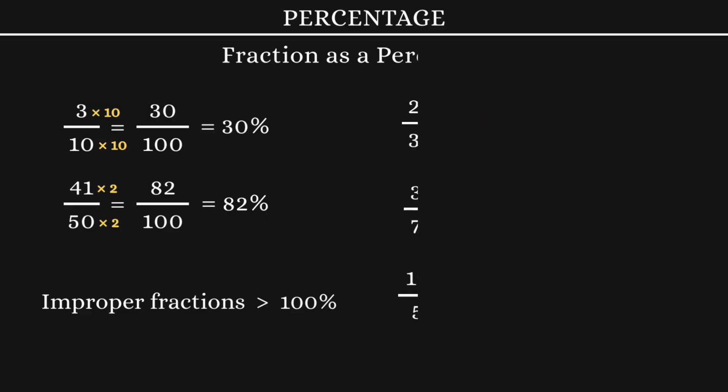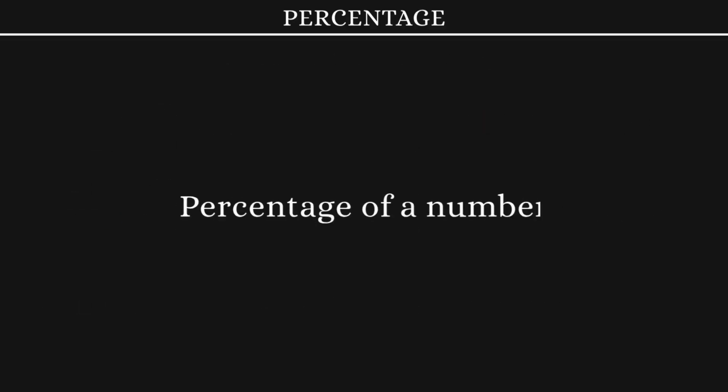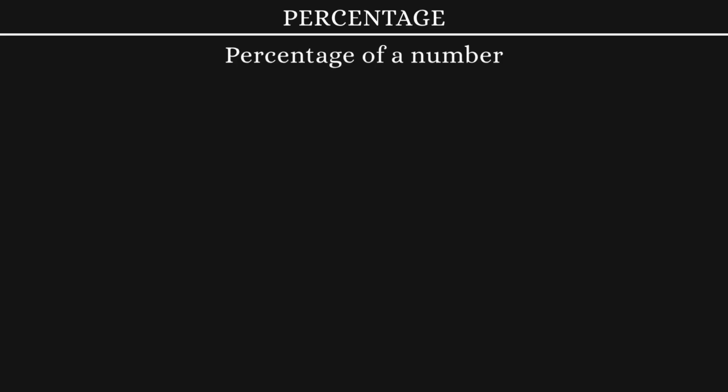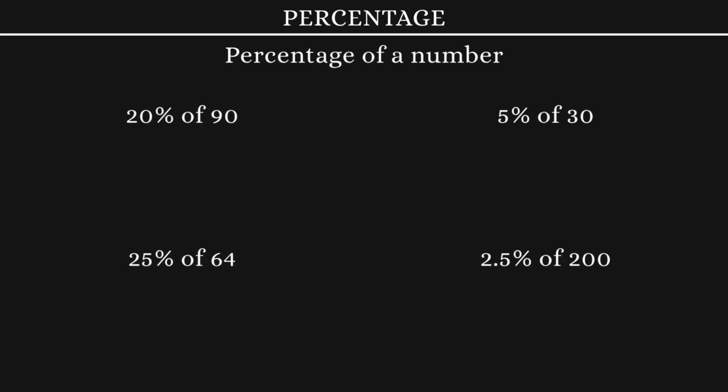Now let's see how to calculate the percentage of a number. We'll be discussing these 4 examples. 20% of 90 is 20 by 100 into 90, which is 18. 25% of 64.